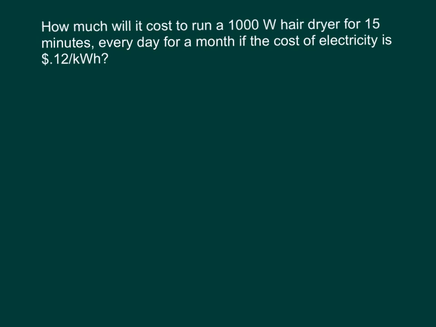So we have 1,000 watts. We need to change that to kilowatts. So 1,000 watts is 1 kilowatt. See, nice easy number. Then we need to find our time, how long we're doing it, because we remember we need kilowatt hours. So we have 15 minutes every day for a month.